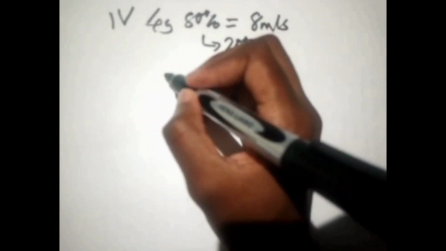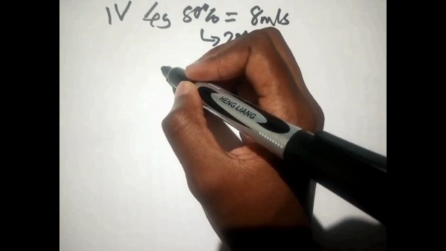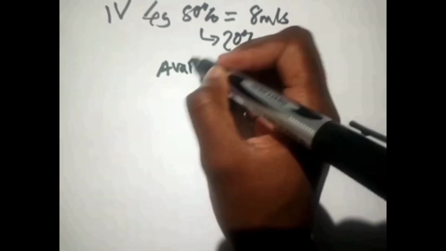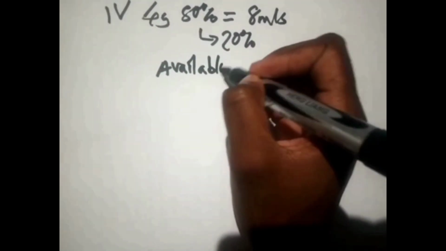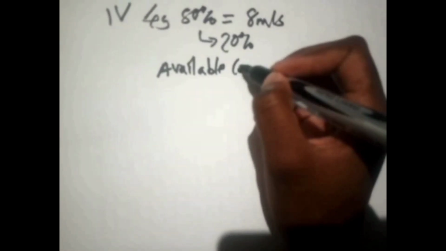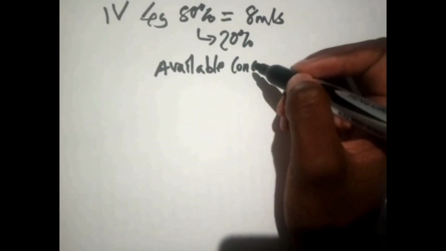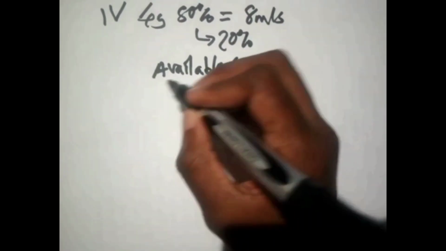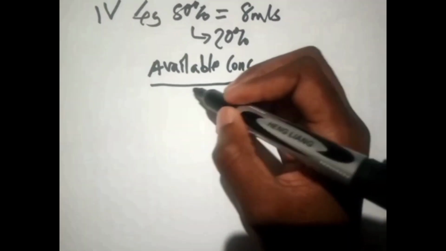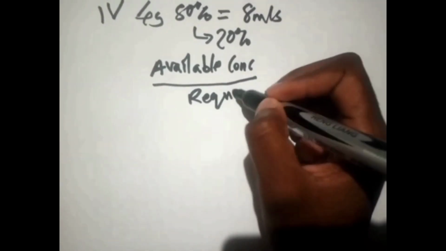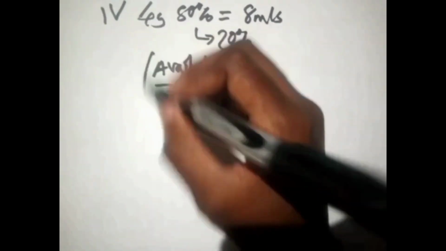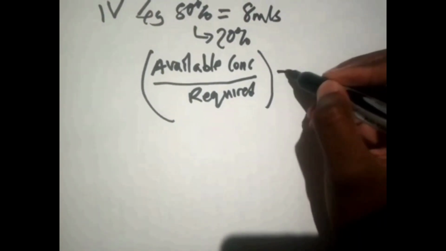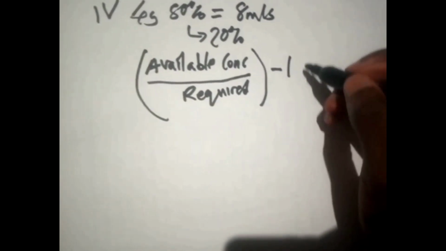So the formula is like, we use the available concentration. The one we commonly have on the ward is the 50% one. Then you have to divide it by the required one. So we know that what we want is the 20%. Then all this you have to subtract from 1.